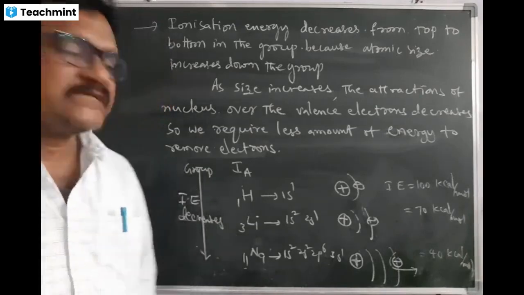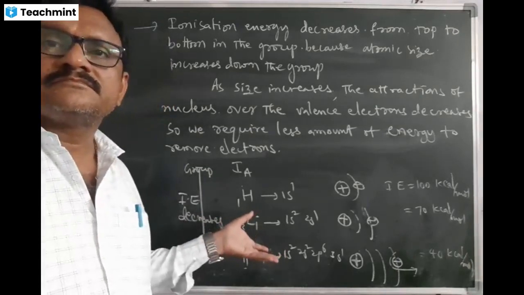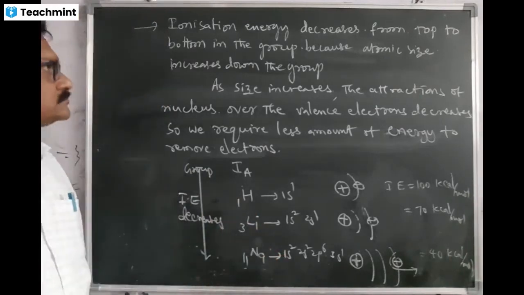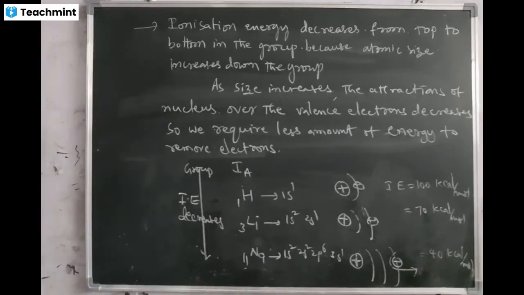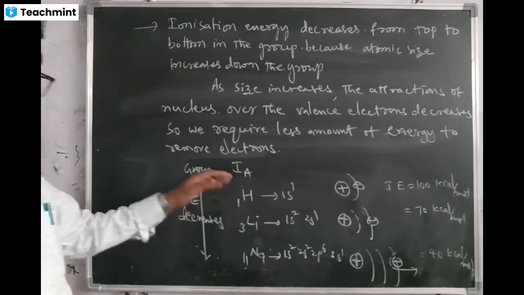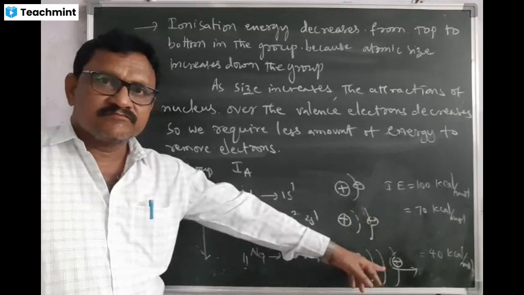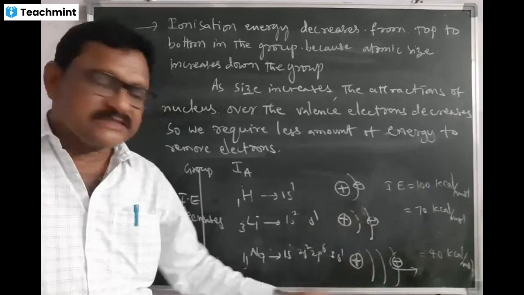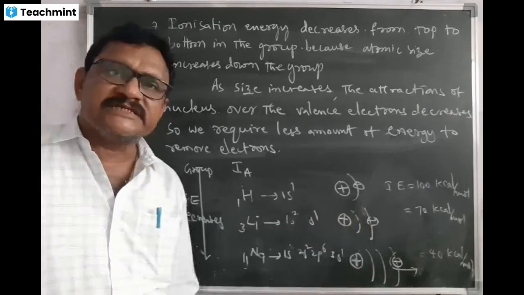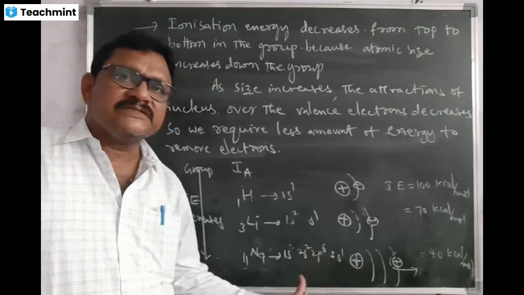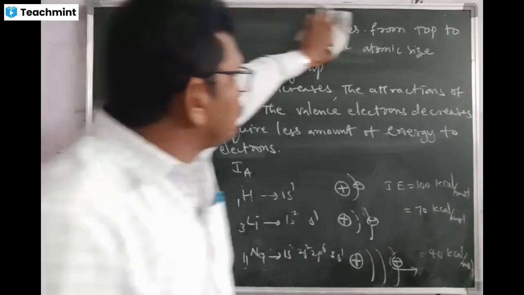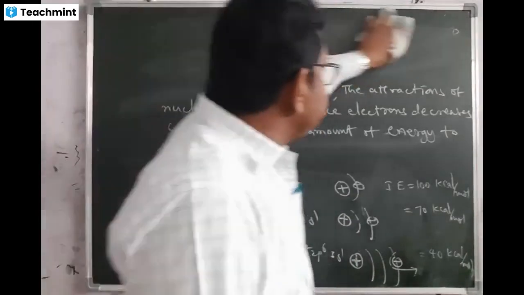The important thing to remember: ionization energy decreases from top to bottom because size increases, so attractions decrease. So we need less energy to withdraw the electron from larger atoms. Okay, this is group.